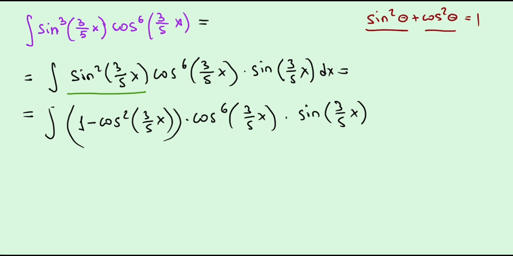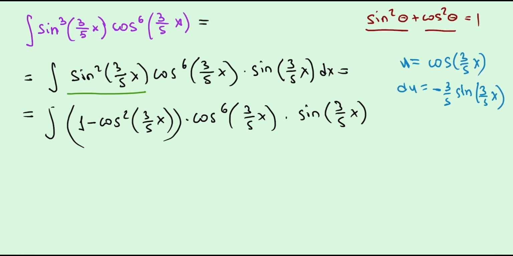Now we're going to use our u substitution. So our u is going to be cosine of 3/5 x. Therefore, du will be negative 3/5 sine of 3/5 x.